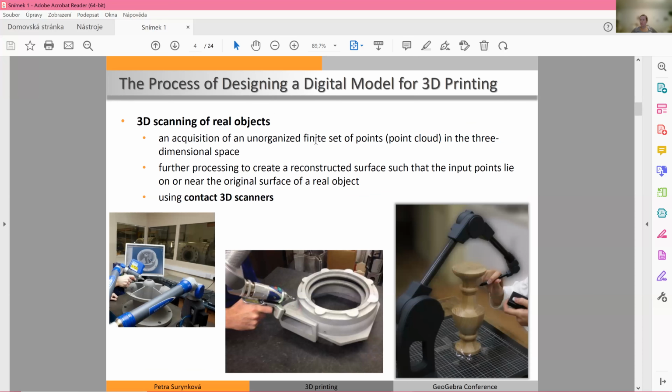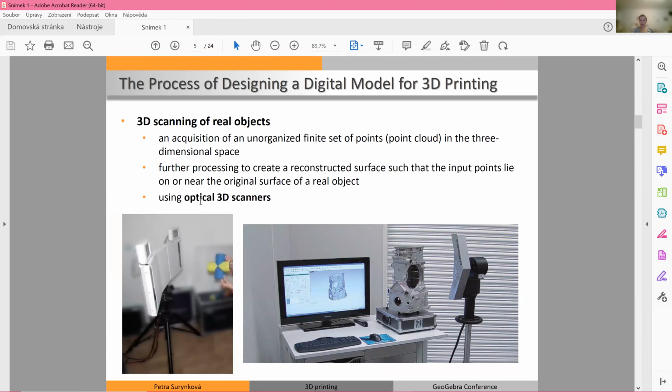And I would like to speak about how to get the digital model for 3D printing. You can use, for example, 3D scanning, which is very useful when we want to get a real replica of some real object. For example, contact 3D scanners or optical 3D scanners, and we can get points which are on the surface of that real object.